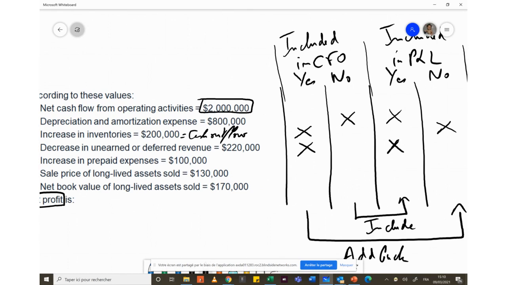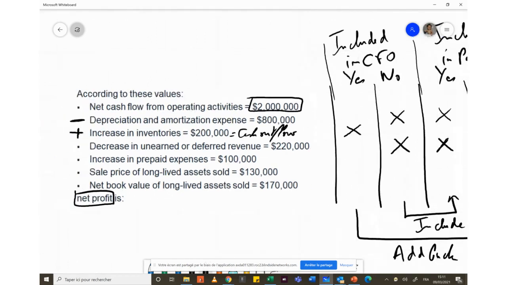It's not included in the operating cash flow, but it's included in your P&L. It's a revenue, so it's plus in your P&L. So you increase the revenue because of the services used by the customers.